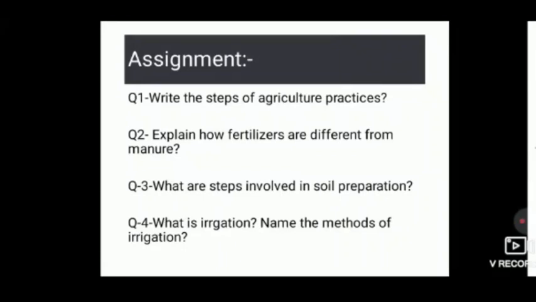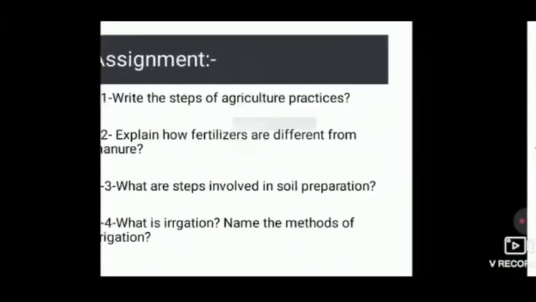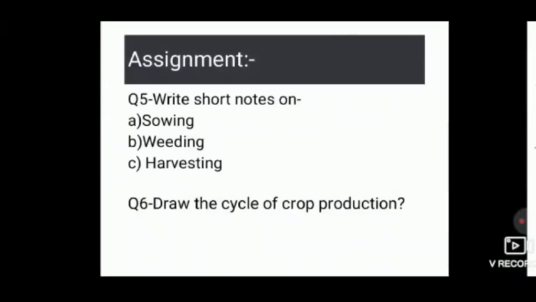And fourth one is, what is irrigation? Name the methods of irrigation. The next question is, write short notes on sowing, weeding and harvesting. And the last question is, draw the cycle of crop production.